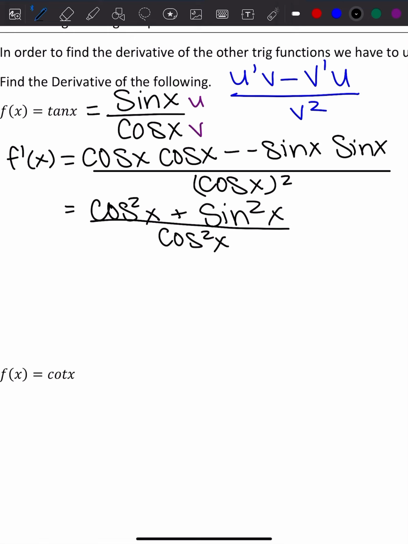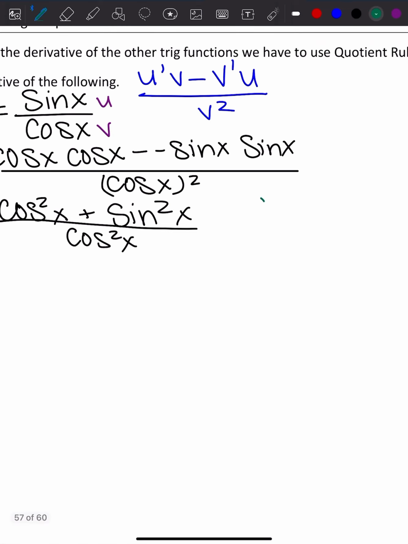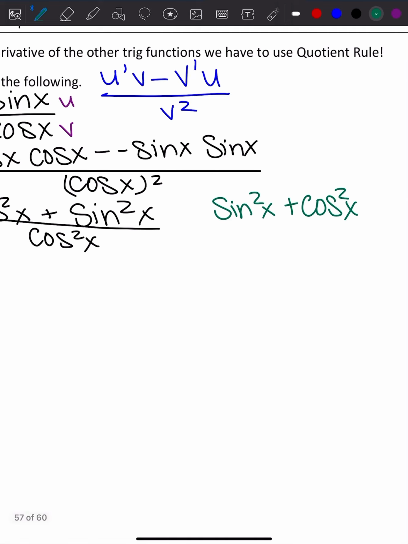One of the Pythagorean identities is that cosine squared plus sine squared always equals 1. So we are going to be using sine squared plus cosine squared equals 1.